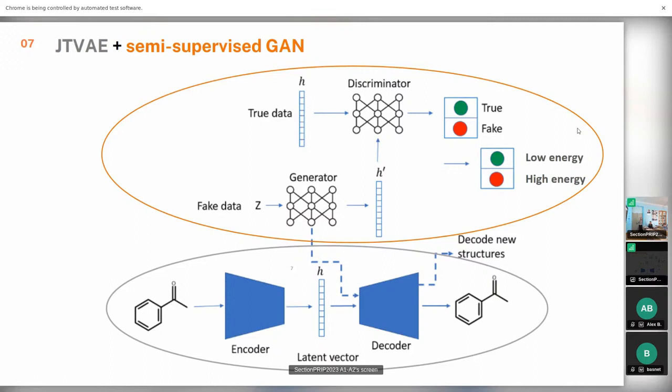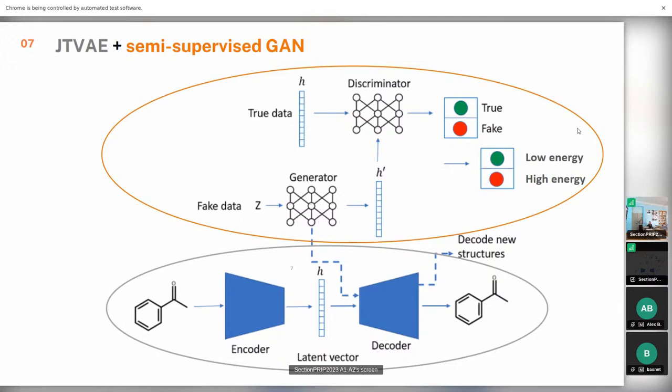Therefore, we decided to transform our graph representations into graph embeddings and feed them into the GAN. For this purpose, we used the junction tree variational autoencoder, a pre-trained neural network.